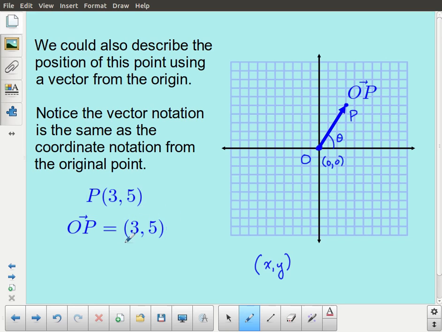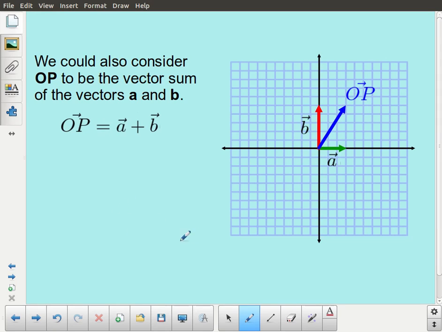That means this is a direction vector. If you were given something like P(3, 5), you have to know that's not referring to a vector, that's referring to a point. To make matters even more complicated, we actually describe the position of a point using a position vector, and they both have very similar or identical looking notations.